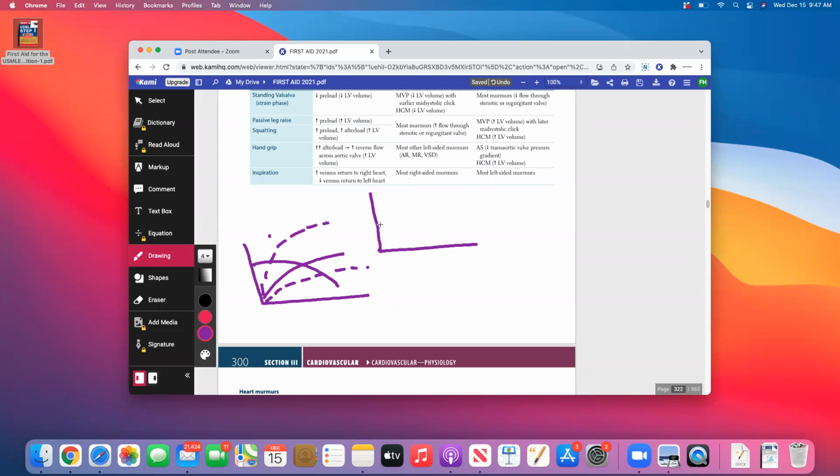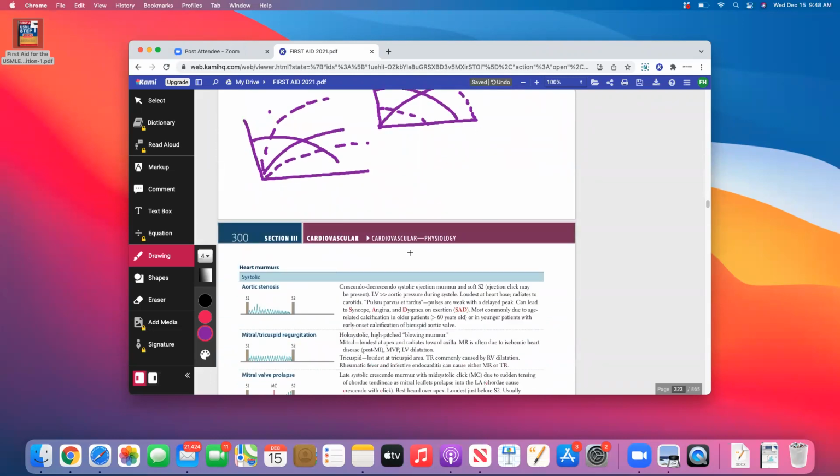If in cardiac output versus right atrial pressure, I draw something like this, then what is the reason for the new dotted line? Fast answers, please. Increase of fluid. How about something like this? Blood loss.